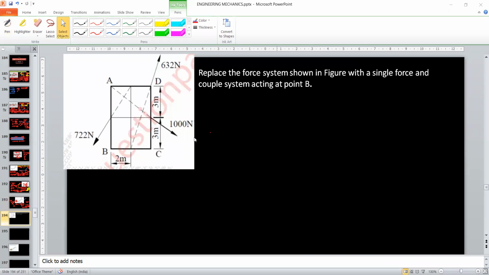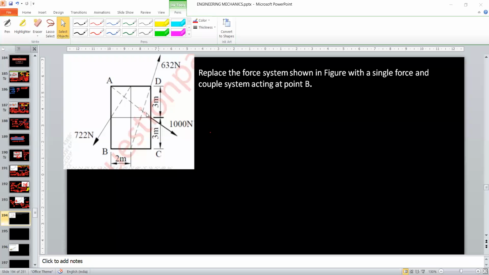Okay, so now note down the next problem. So here we have to replace the force system by a single force and couple system acting at point B. So the given system is a general force system. So there are three forces. One is 722, next is 1000, and third is 632 Newton.